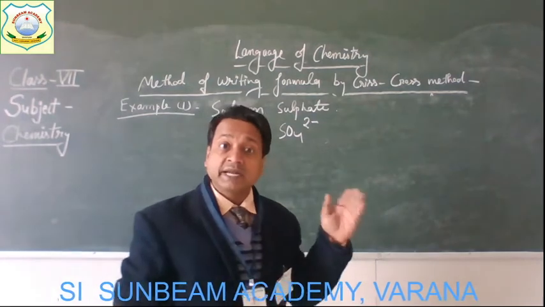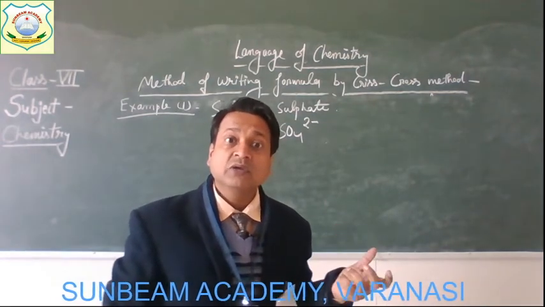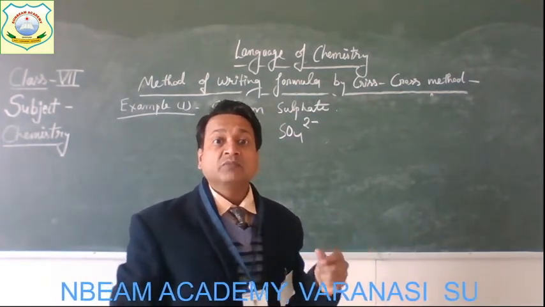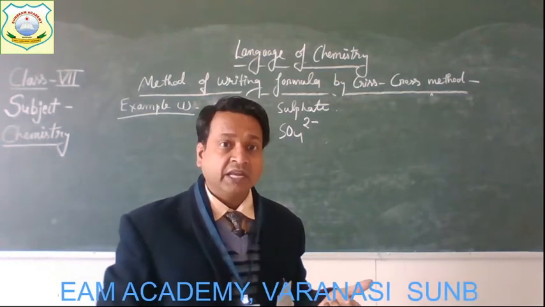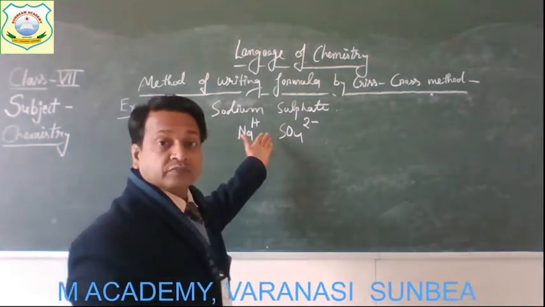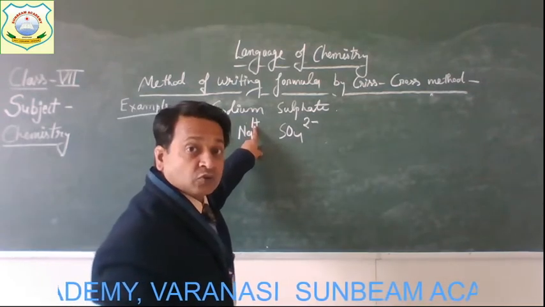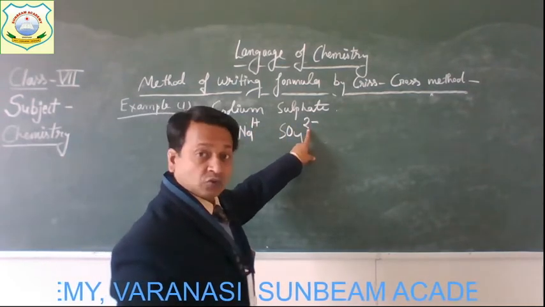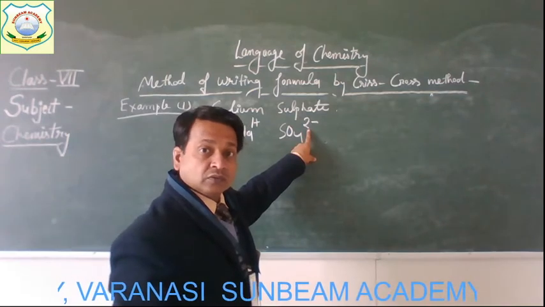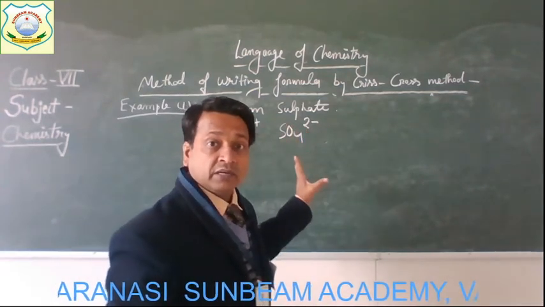And now in the second step, what will we do? We will remove the common factor, if any. There is nothing common in 1 and 2. The valency of sodium is 1 and the valency of sulfate is 2, so there is nothing common.